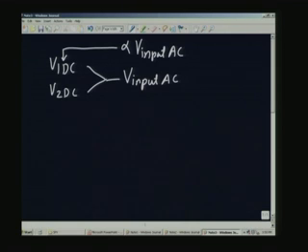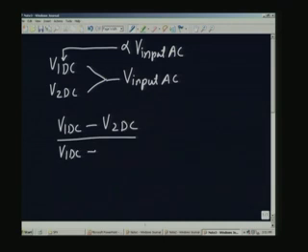So, if I do the following, if I take V 1 DC minus V 2 DC and divided by V 1 DC plus V 2 DC, if it is proportional to input AC signal, all these are going to increase by the same or decrease by the same fraction. Okay.